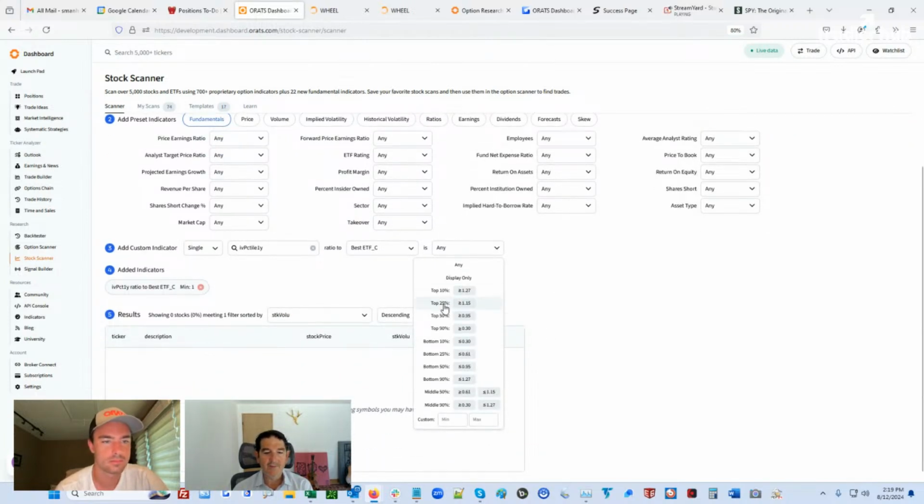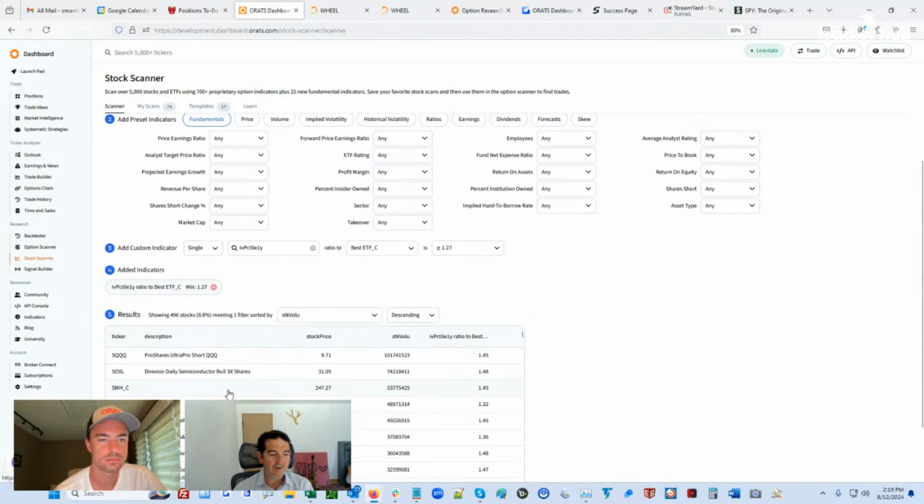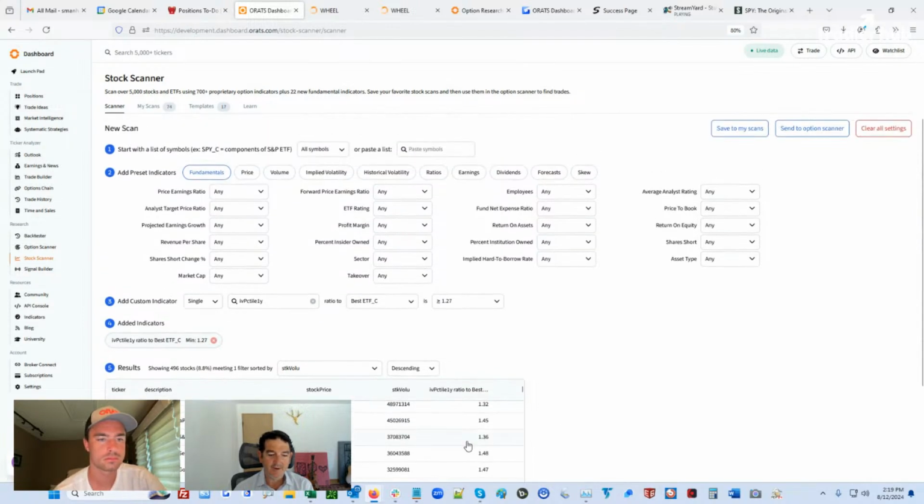So the top, let's just do the top 10% and just see what these look like. Oops, we slowed this in here. So then you have some odd types. You're seeing a lot of the ProShares and the leveraged ETFs. So if we go to the asset types, we'll just look at only stocks.